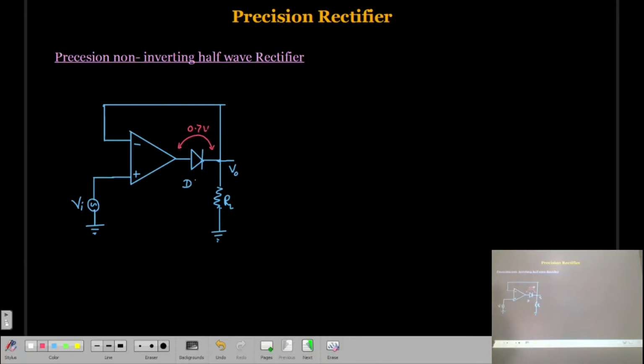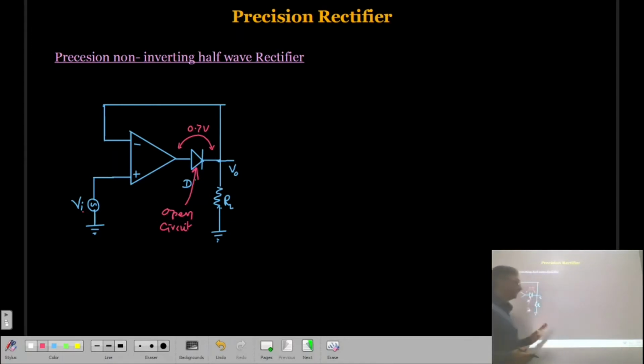Remember. Now what will happen when we apply an input voltage? If this input voltage is less than 0.7 volt, then this diode will work as an open circuit. So the operational amplifier is also working with an open loop gain.